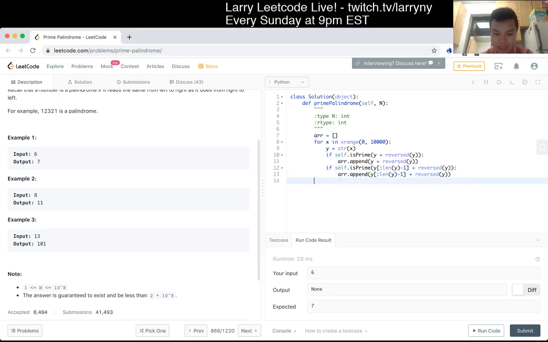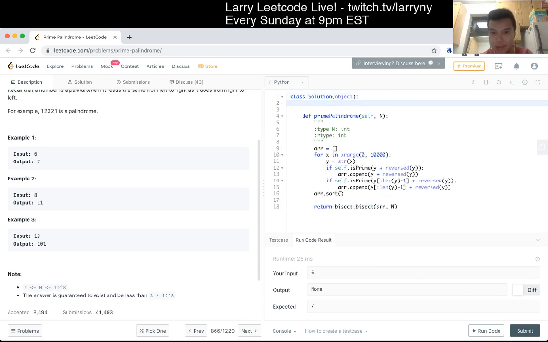Okay, and then sort. Bisect, bisect. Something like that, I think, right? And now there are a lot of places to make improvements. So we'll see. So this is a string.